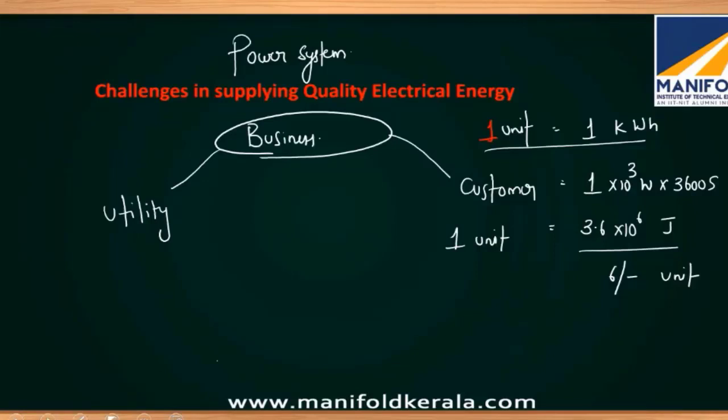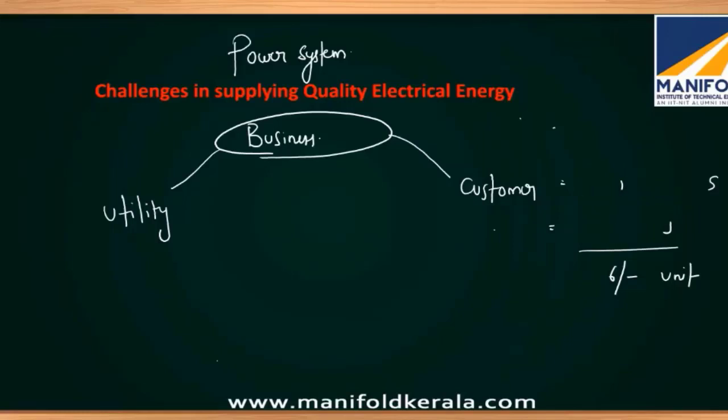Understand? So likewise, any customer, when he is buying a product, he has some expectations. Since we are a customer, we are buying electrical energy. We want to buy quality electrical energy.